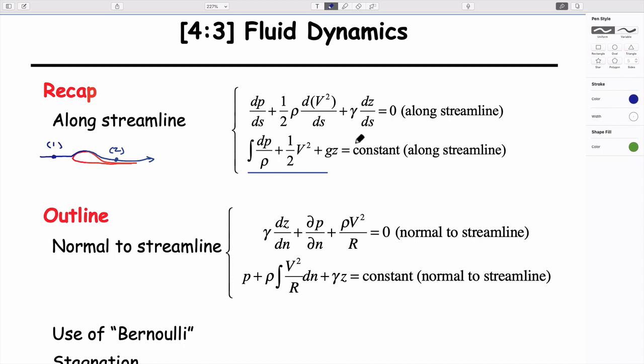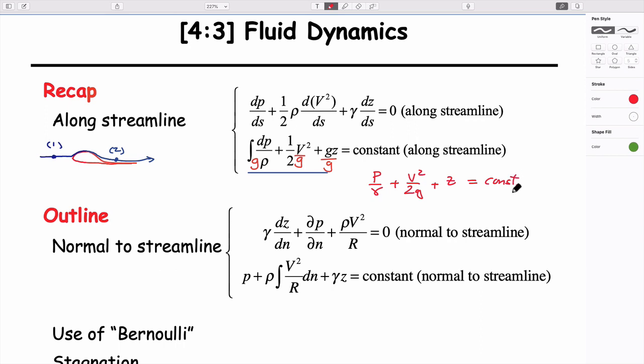Typically, we'll use it in its regular form, which is if we divide through by g for every component, we get pressure over unit weight plus v squared over 2g plus elevation is constant.